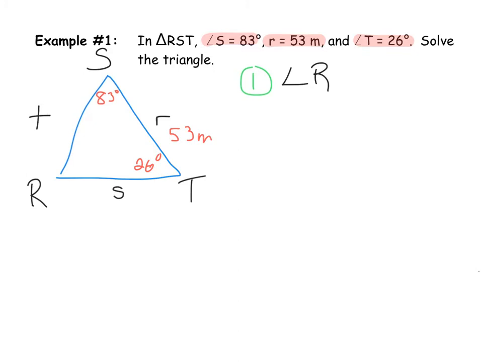Well, hopefully you're remembering that all of the angles in my triangle have to still add up to 180. So if I know the measure of the other two angles, I can say 180 degrees minus the measure of angle S, and then minus the measure of angle T. And then I can easily solve for R.